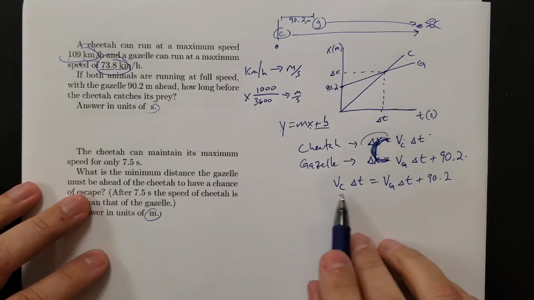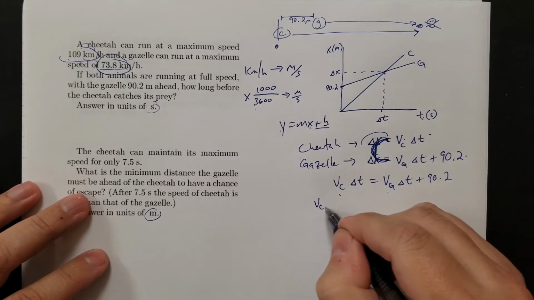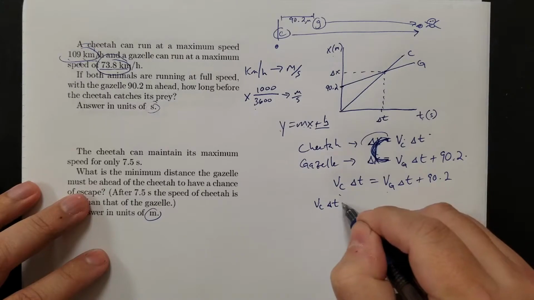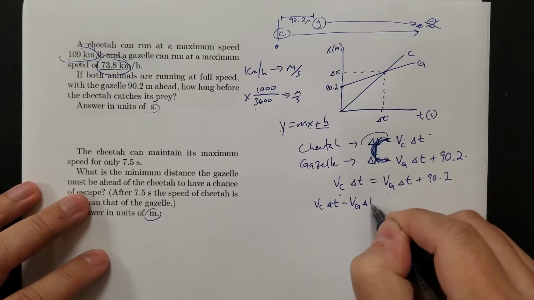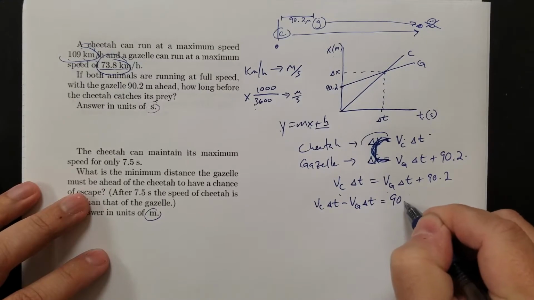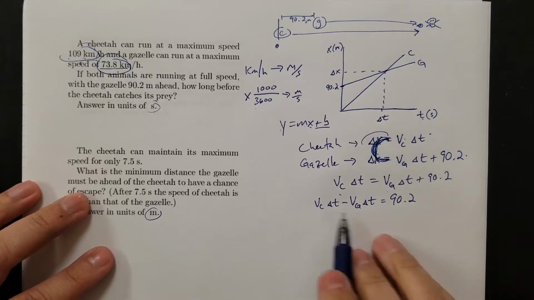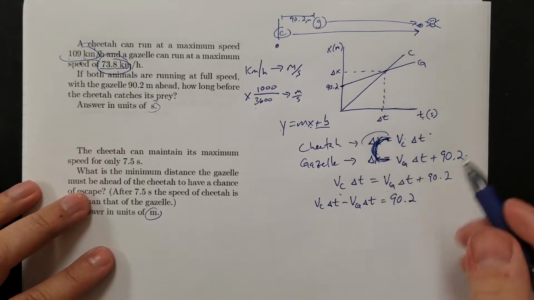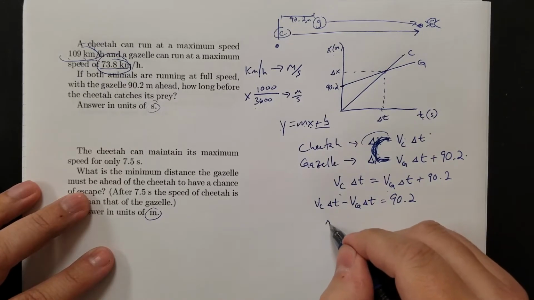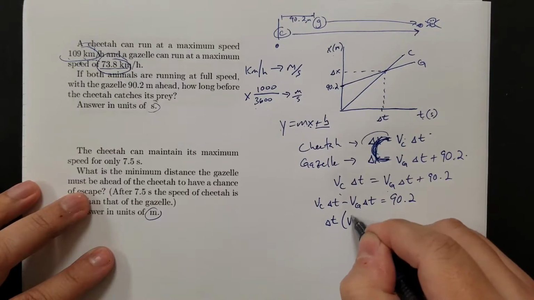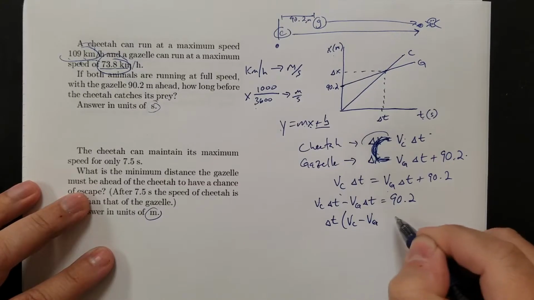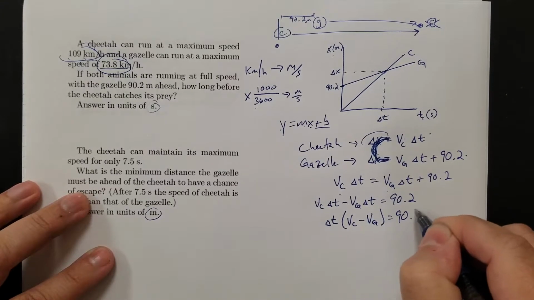So subtract this over. So velocity cheetah delta t minus velocity gazelle delta t equals 90.2, right? Okay, so from here, I need to get these terms together, so let me factor out a delta t from both of those things. So (Vc minus Vg) times delta t equals 90.2.